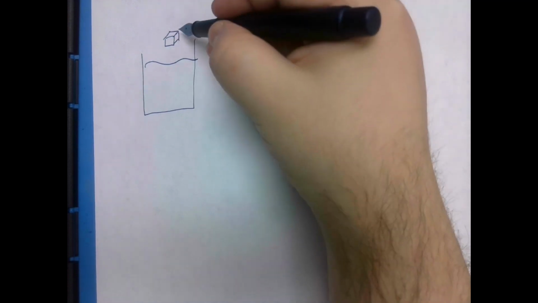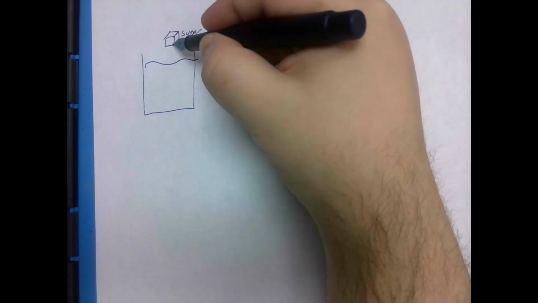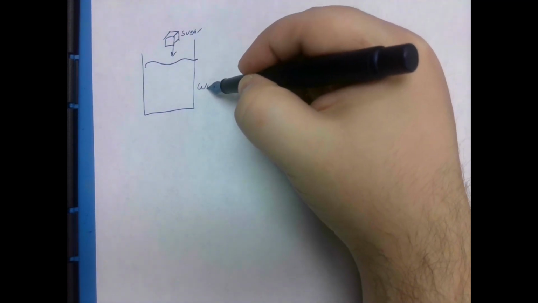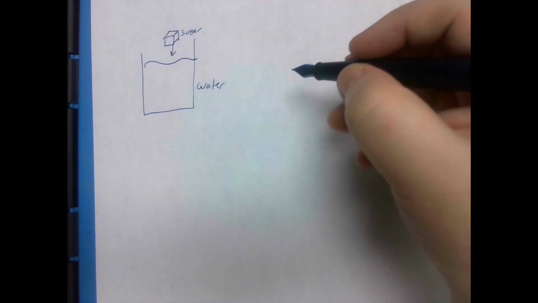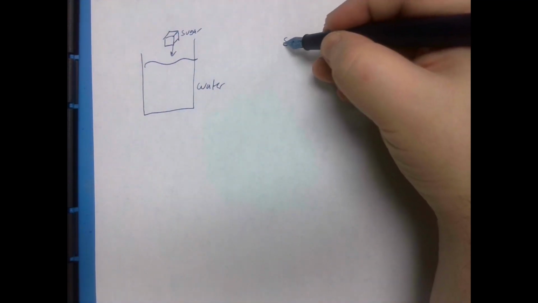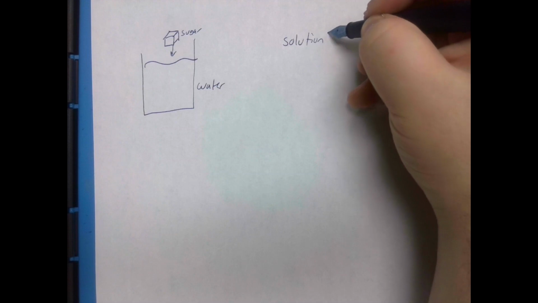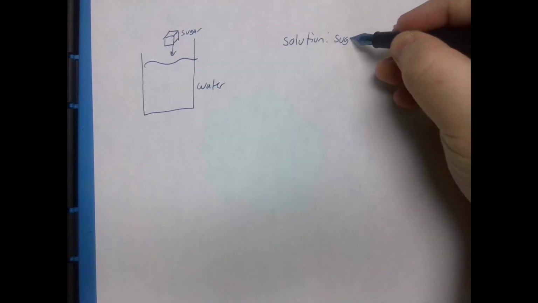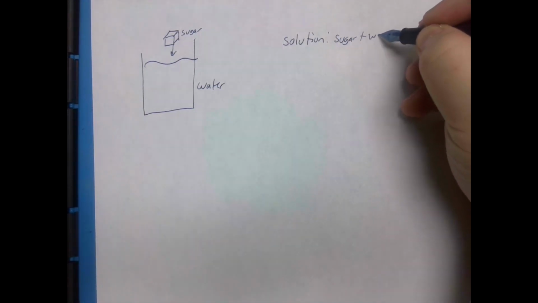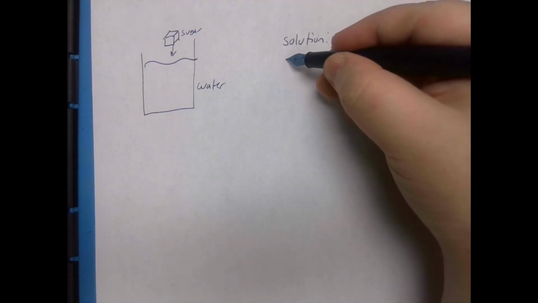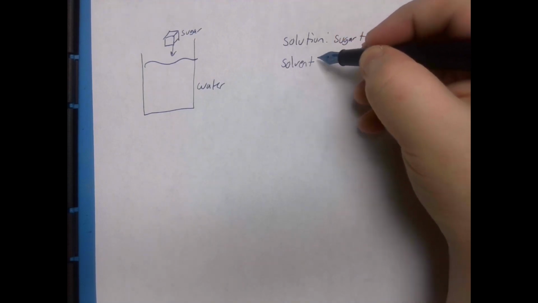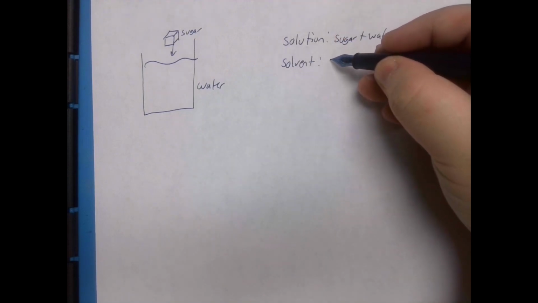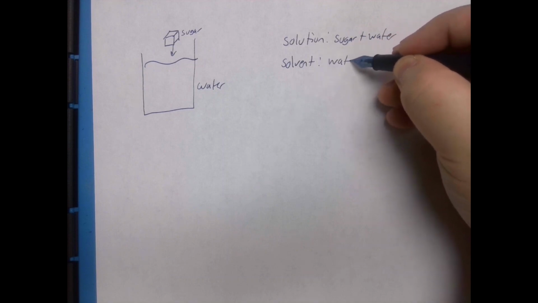So, if you're putting sugar into water to make a solution, your solution will be the sugar plus the water. The solvent is what's dissolving it. It's the water.